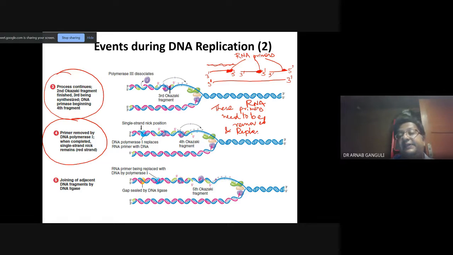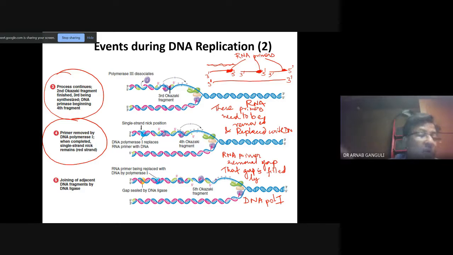After removal of these RNA primers, the gap is filled by DNA polymerase 1. Clear? Everybody understood?